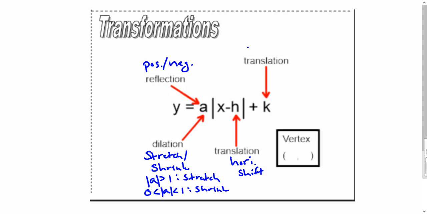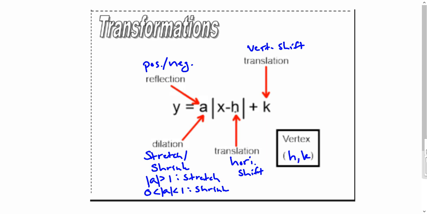The K is a vertical shift. So it's going to go and move that function up or down. Okay, remember, vertically is going to be along the y-axis. So it's going to have a vertex. Its vertex is always going to be located at the point (h, k).